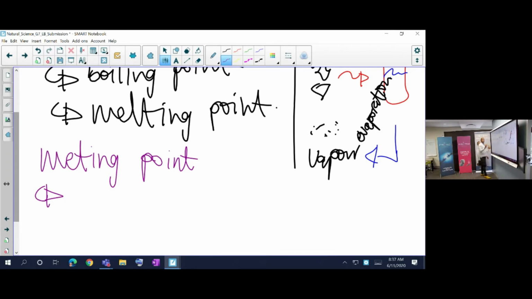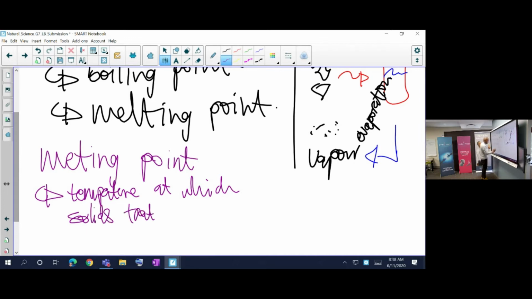The melting point of a material is the temperature at which solids transform to liquids.